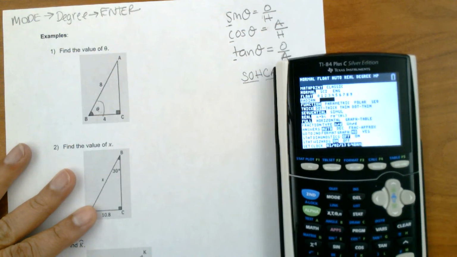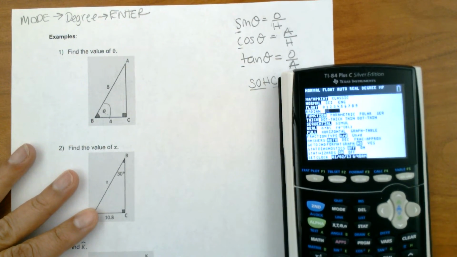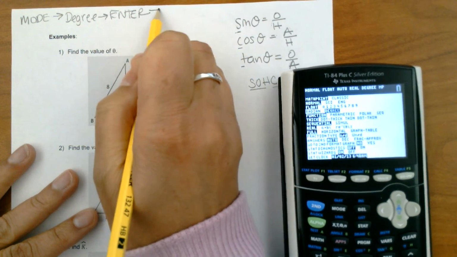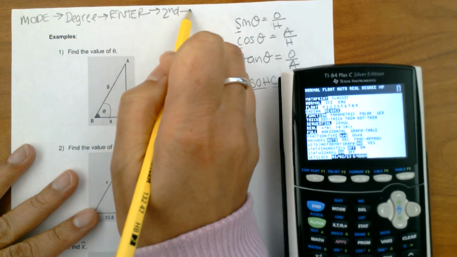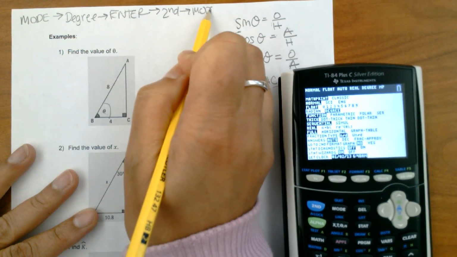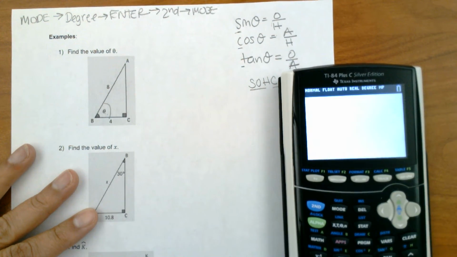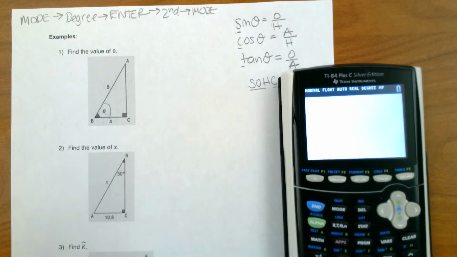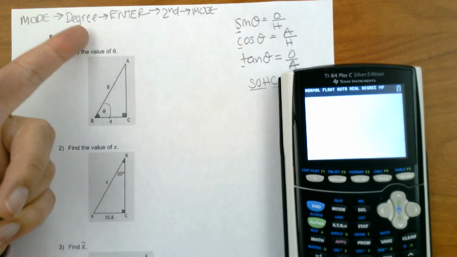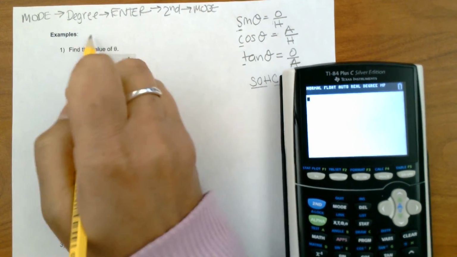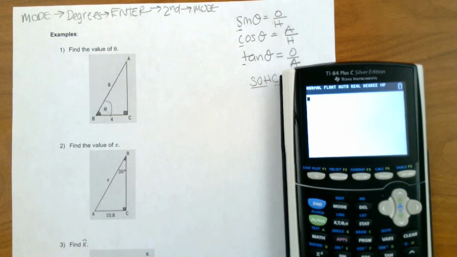Enter. Mine was already on there because I was practicing this before. And then in order to exit out, you just press second mode again. And you notice second mode is this blue quit button. So second mode, and it will just exit you out. So here are the steps to getting it in degrees. So there you go.